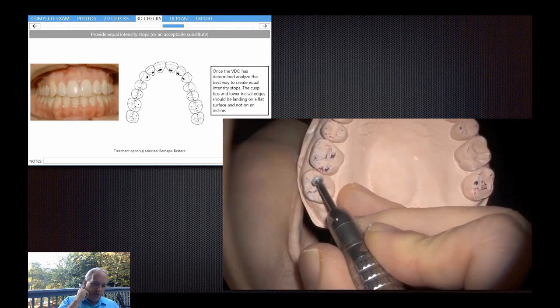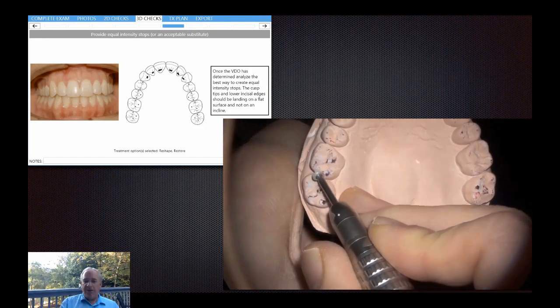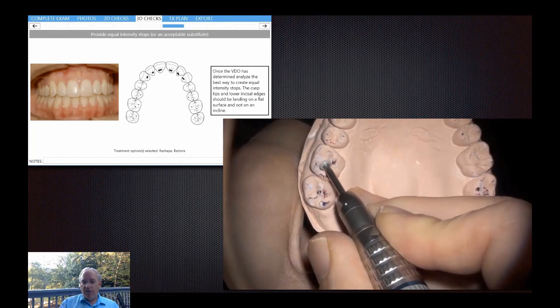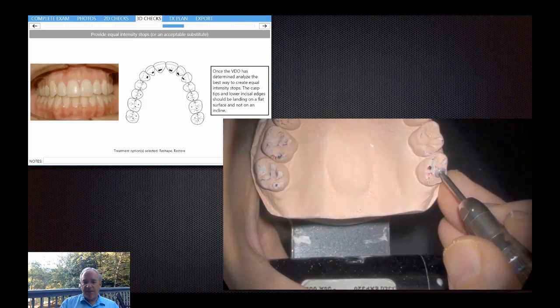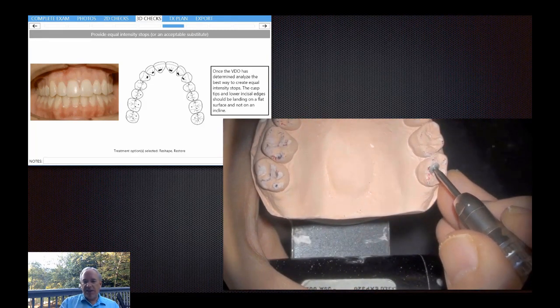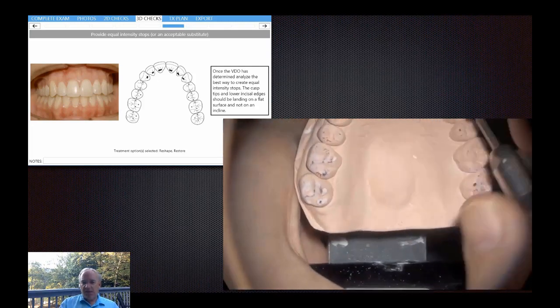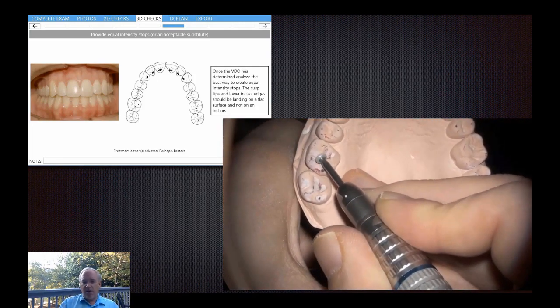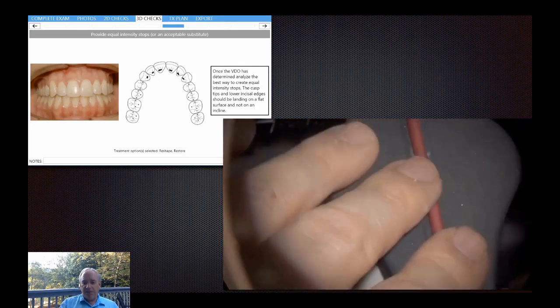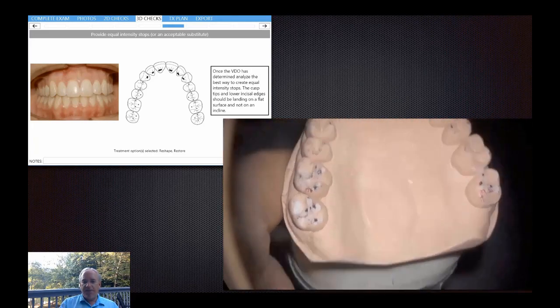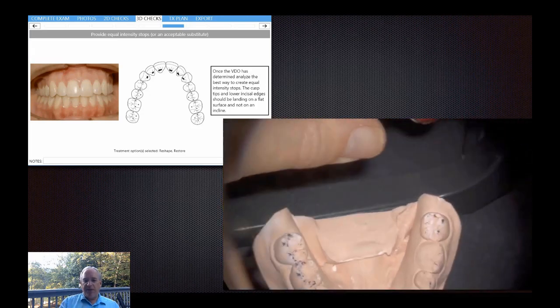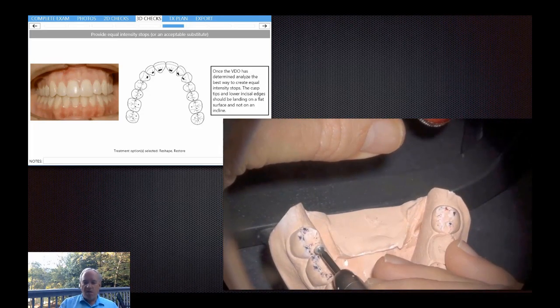So now, as we start our trial equilibration on our cast, remember that we're going to grind on the sides of the stamp cusps. The stamp cusp is a cusp that fits into a fossa. So your upper lingual cusps and your lower buccal cusps are the stamp cusps in an occlusion where there's not a crossbite. And notice when I'm doing this, I don't wipe the whole mark away.